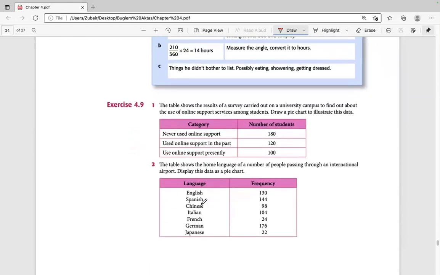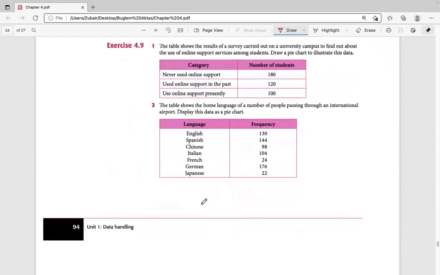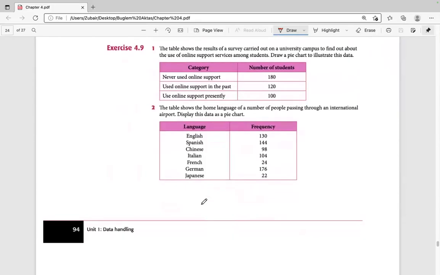Another worked example, and this is the exercise question. Let's do this. Select any question out of these, one or two. One. Okay. The table shows the results of a survey carried out on a university campus to find out about the use of online support services among students.